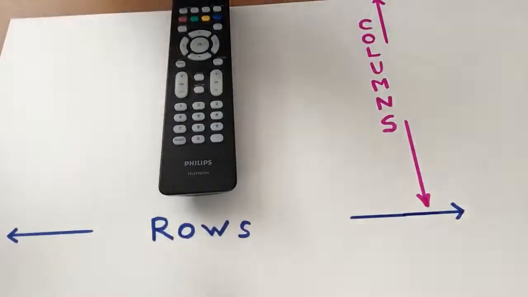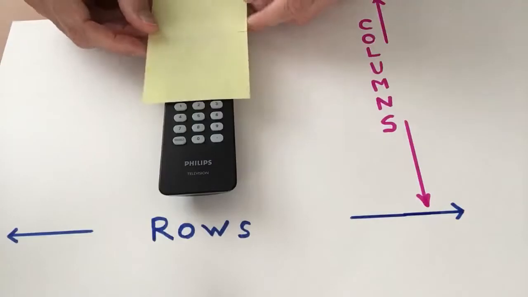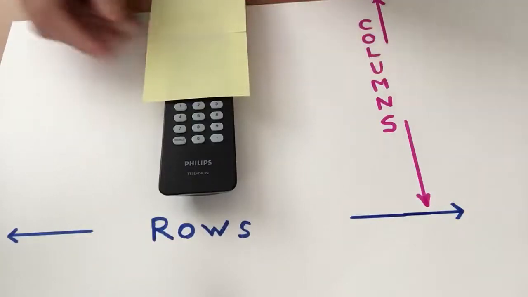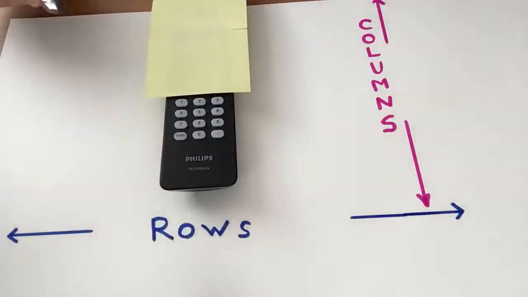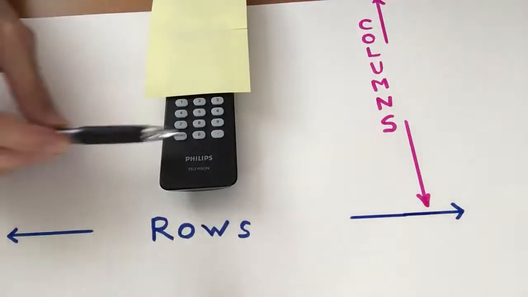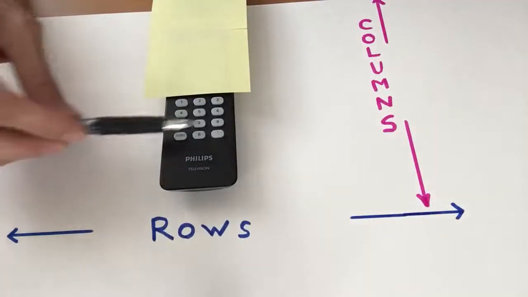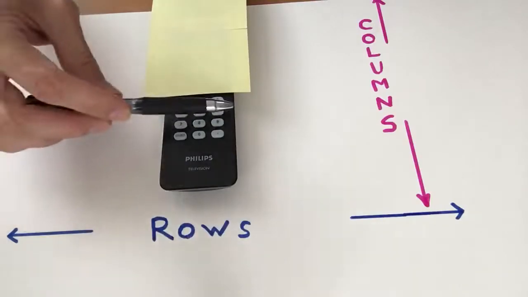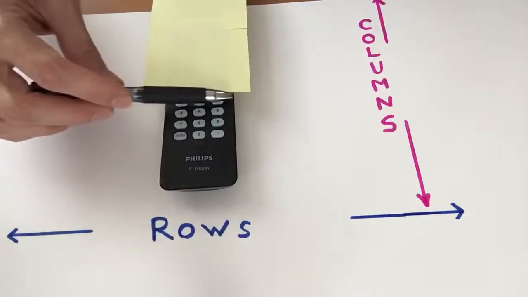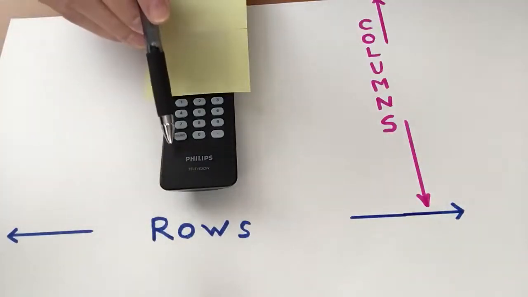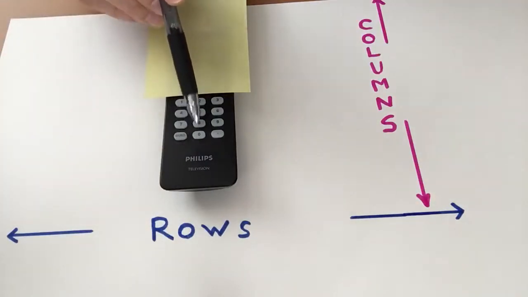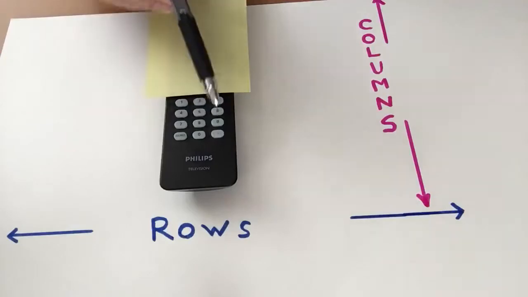Maybe not the whole thing, but if we cover whatever is not an array, there you have it. So in this array, we have how many rows? Row 1, row 2, row 3, and row 4. And how many columns? Column 1, column 2, and column 3.